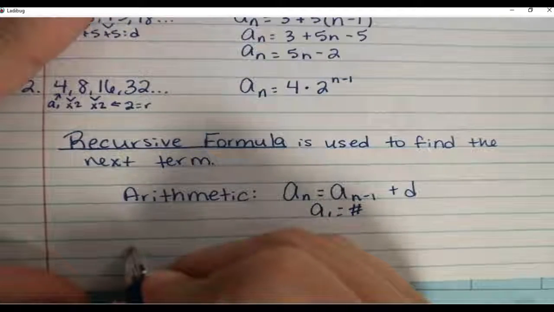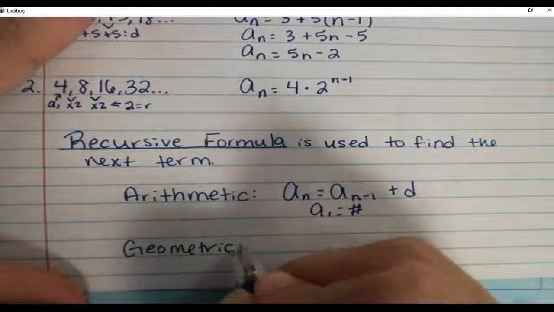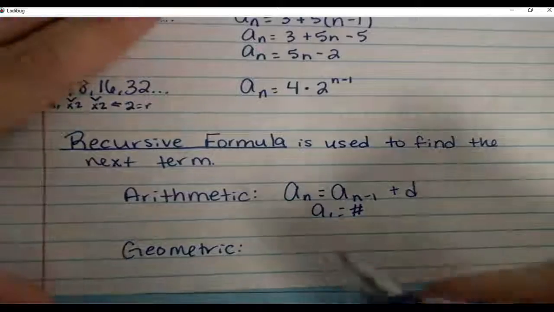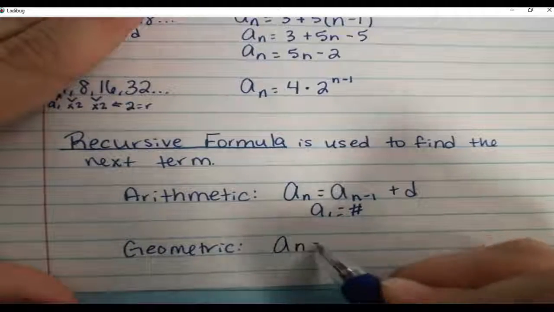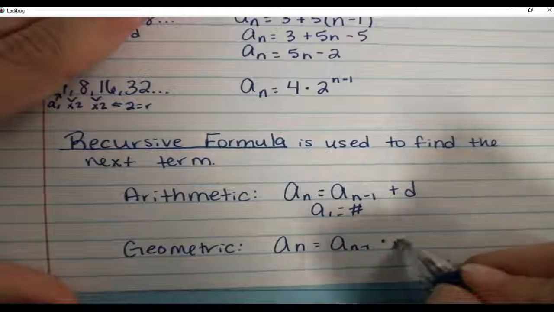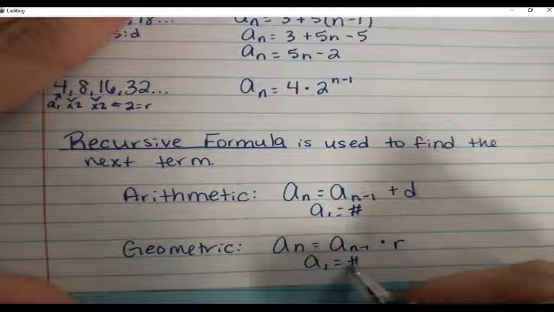If it's geometric, it's the exact same thing, except instead of plus d, it's times r. That's the only difference. So a sub n equals a sub n minus 1 times r, and a1 equals a number.